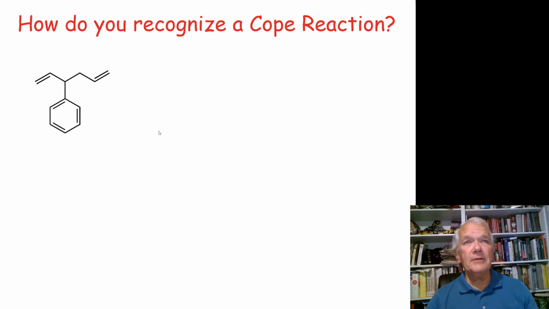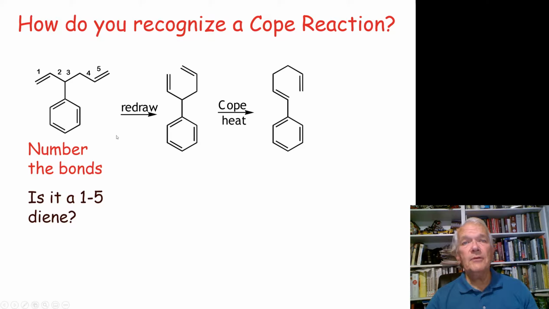It's pretty easy to see what the product is once you get it in this redrawn configuration. That's the key thing in figuring out these Copes: redraw it, and then it's easy to shift the bonds. You just do the set of cyclic arrows, and you rapidly go from one to the other. And of course, you can go back.